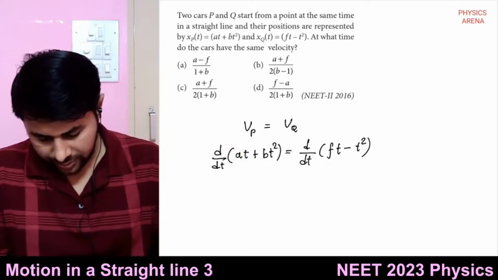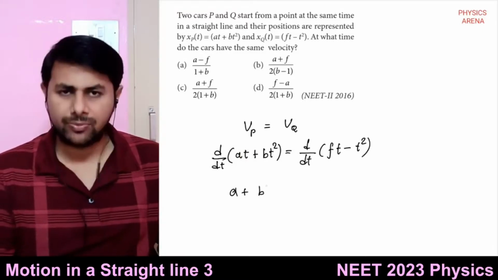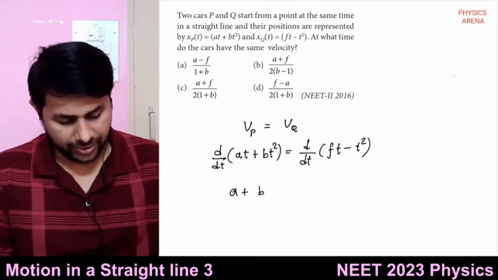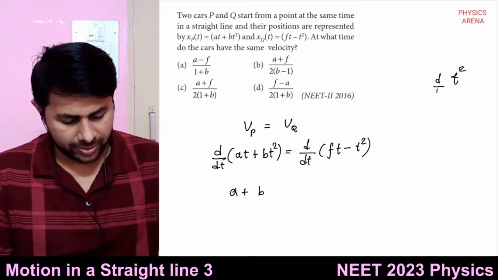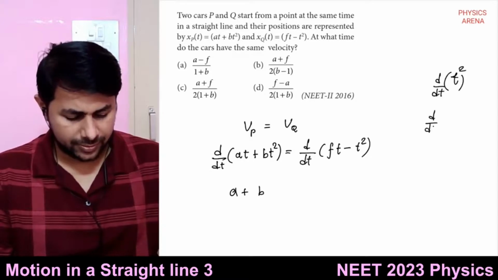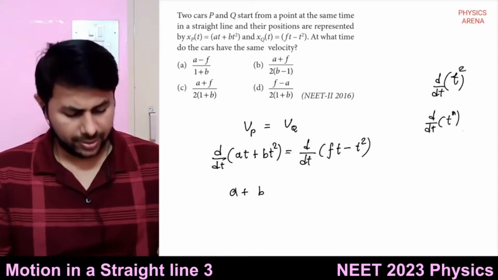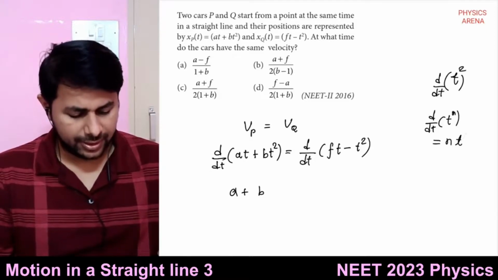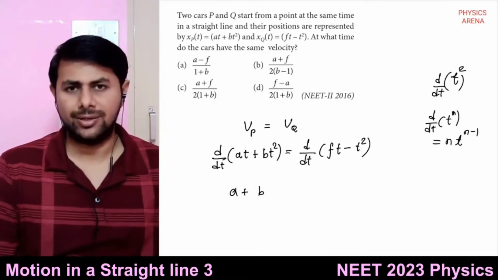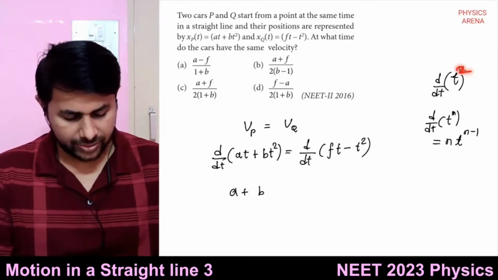So we have a plus the derivative of bt square; b we can take out, and the derivative of t square with respect to t. We have this rule: the derivative of t raised to n with respect to t is n t raised to n minus 1. Here n is equal to 2.